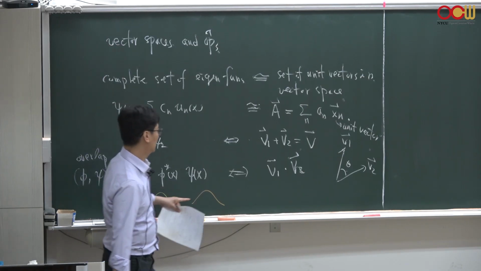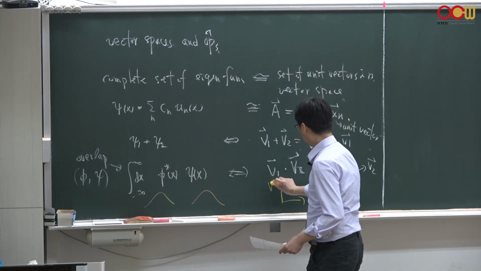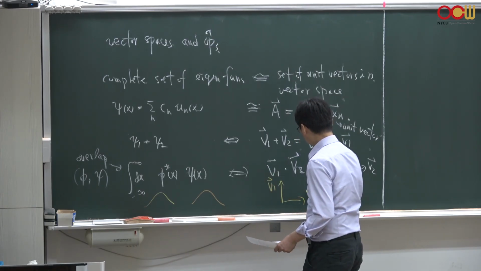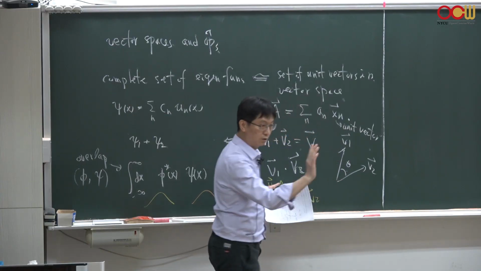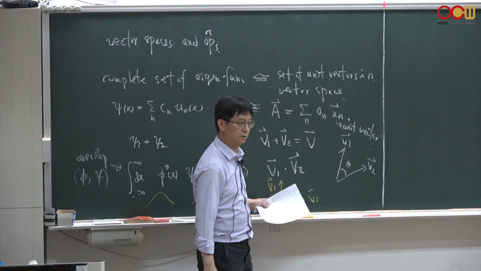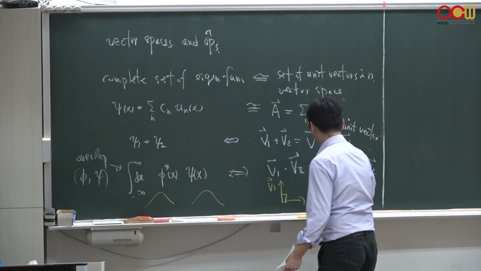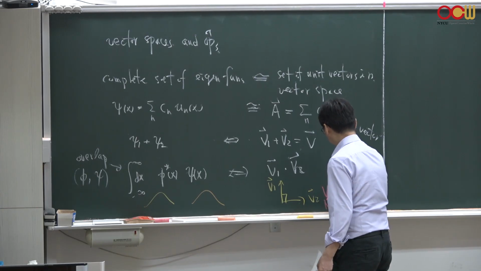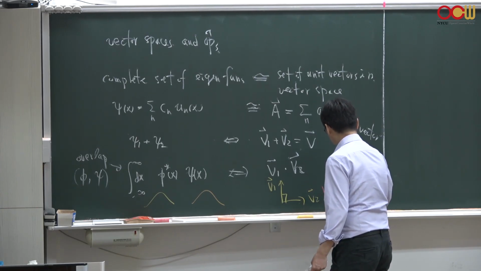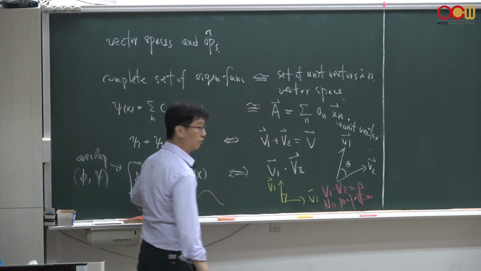Likewise, if you have two vectors which are perpendicular to each other, there's no projection, right? So v1 dot v2, when these two vectors are orthogonal, vanishes. You have no projection. So the projection is analogous to the overlap.